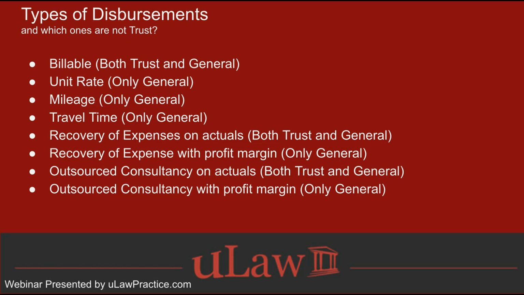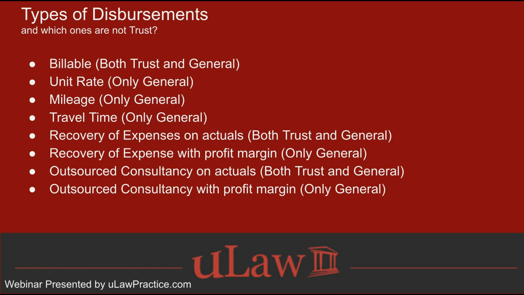So in the types of disbursements, any recovery of expense with profit margins is going to go to general. Any outsourced consultancies on actuals are going to go from both trust and general.